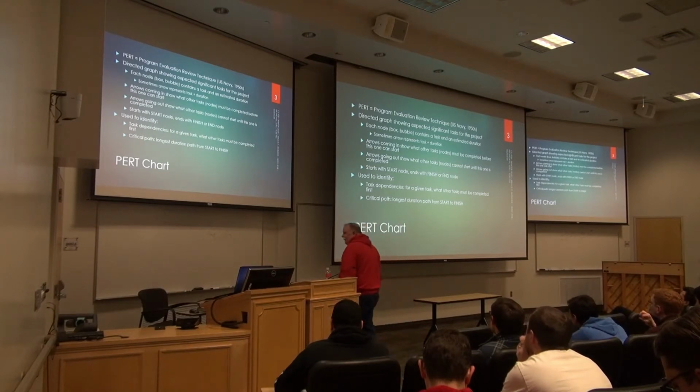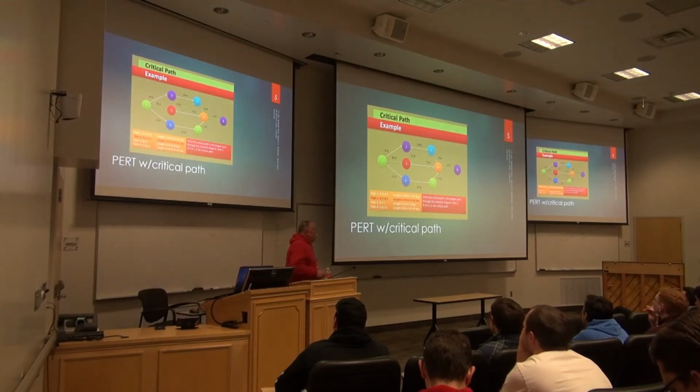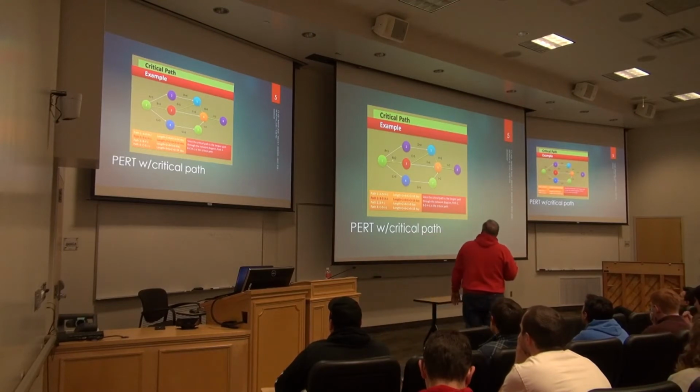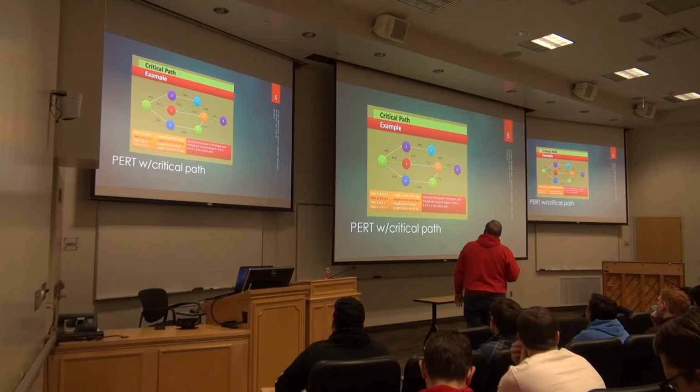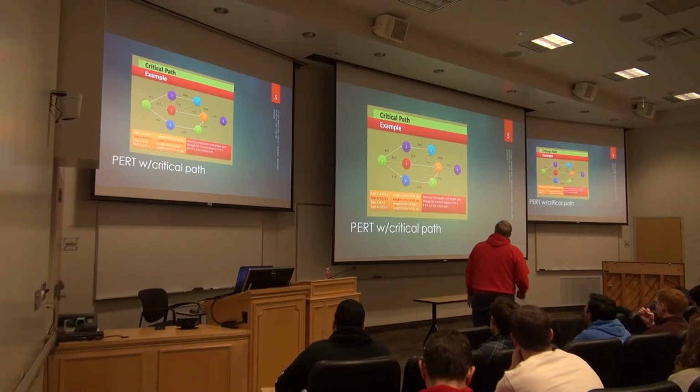Let me go to the second sample PERT chart and show you the critical path. Once you have done this with estimates, and this is one where the arrows represent tasks and duration, you can find out the critical path. In other words, what determines the actual time of completion.